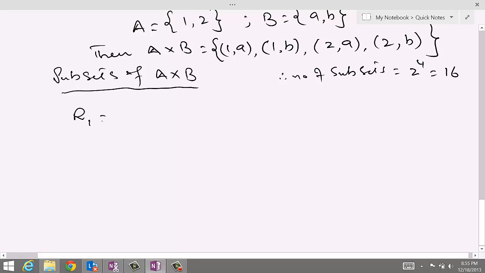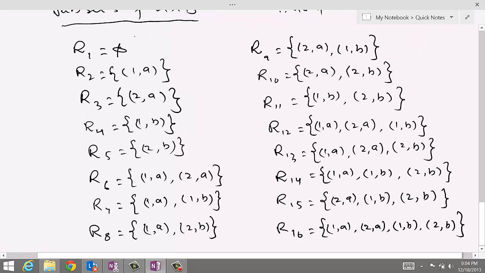Every set does have null set as its subset, and then R2 is equal to first pair (1,a), and then R3, which is equal to (2,a).